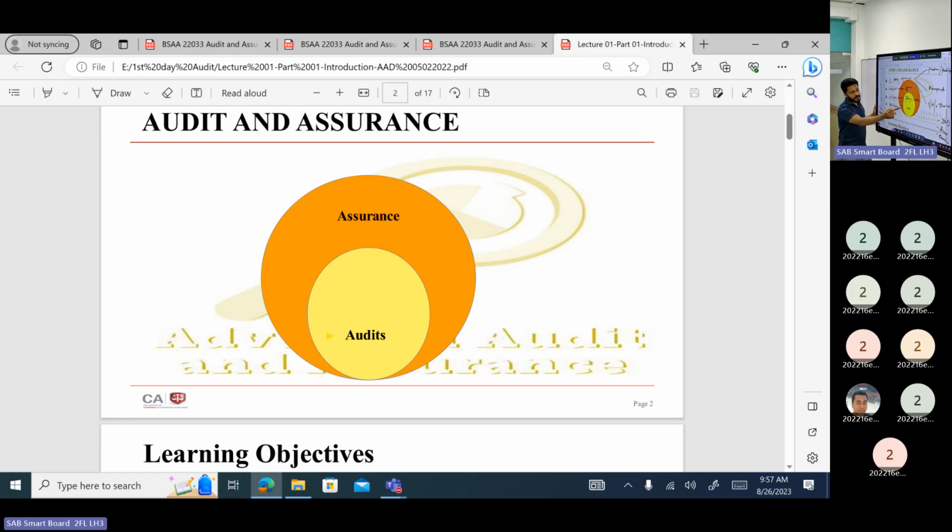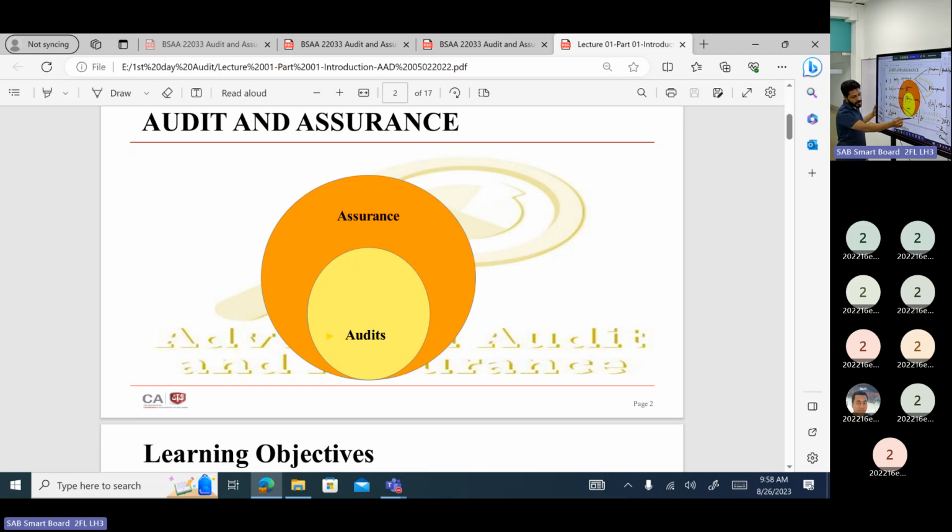So then evidence. We have to gather evidence, otherwise we can't issue an opinion. Evidence should have two characteristics. What are the two characteristics? Evidence should be sufficient and appropriate. These are two very important words.